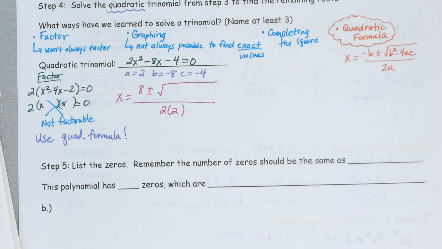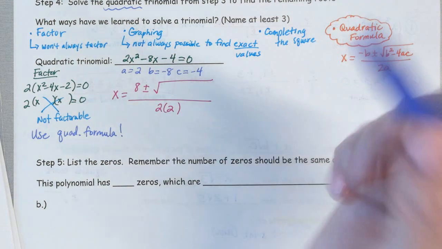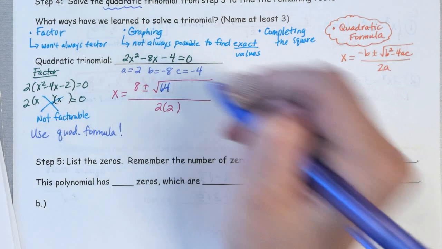When you guys are writing out the b squared, because the b value is negative, if you're writing that part out, then I do want you to put the negative 8 in parentheses squared, because it means something else with the negative on the outside. What I generally do is I square it, and then I plug it in, because I know this is always going to be positive.